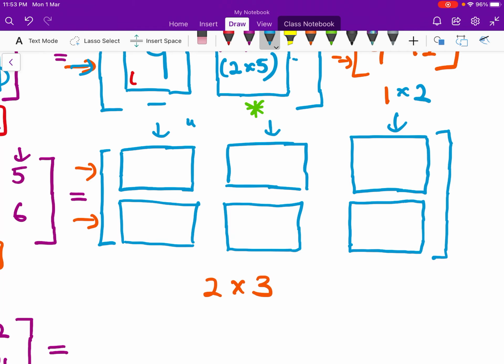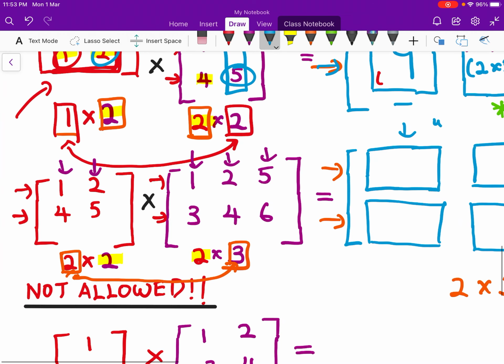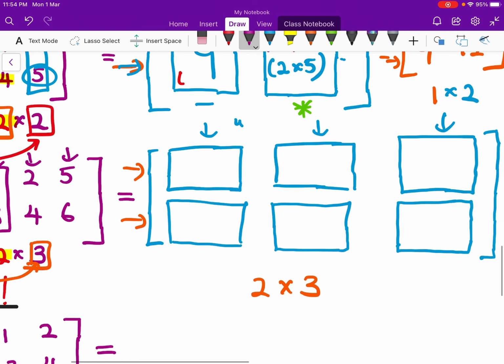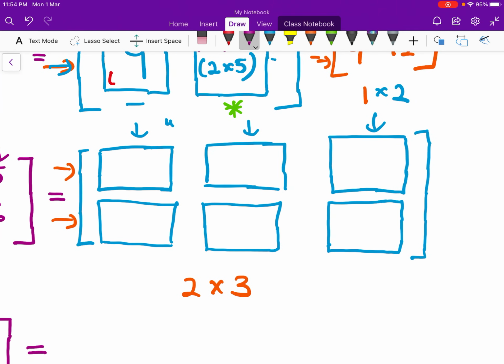So let's multiply. For the first matrix, we are always interested in the column. For the second matrix, we are always interested in the row. Now I want to fill in this first box, which is first column, first row.